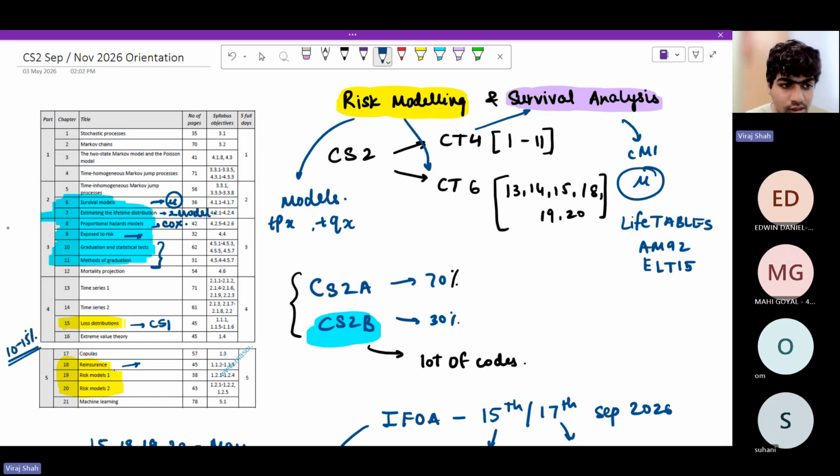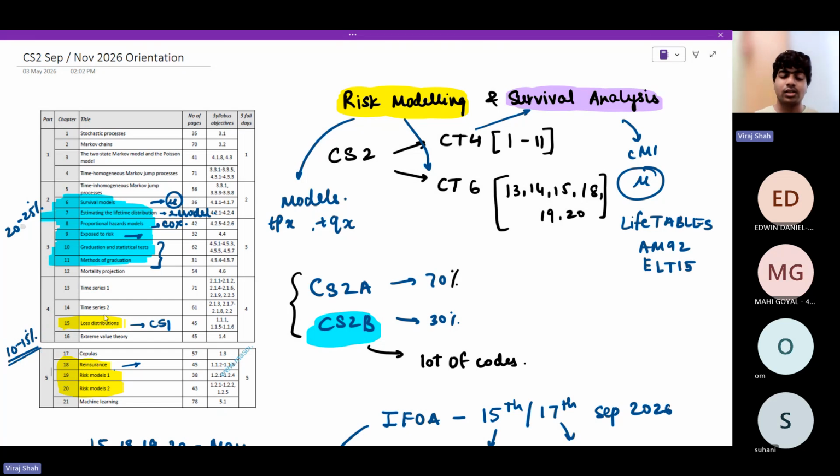This consists of 20 to 25% of your marks. So the chances of a question coming from this are definite. One question in your paper A is always seen from chapter number 6 to 11. Similarly, chapters 15, 18, 19, 20 carry 10 to 15% marks. One question in paper A can be seen almost every time.